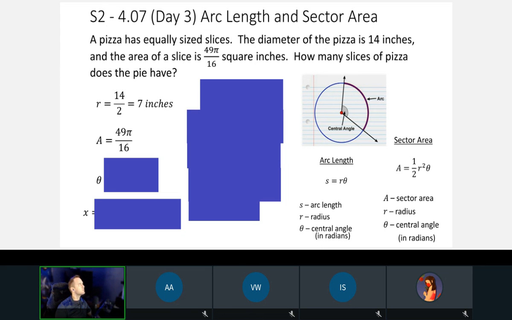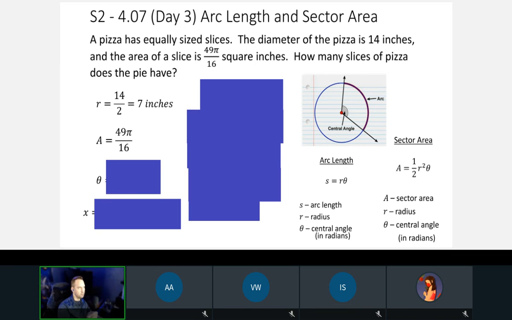And what is, well, so the angle, do we know the angle of that slice? But think about cutting a pizza.